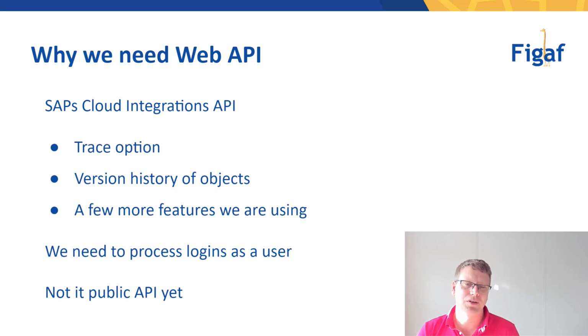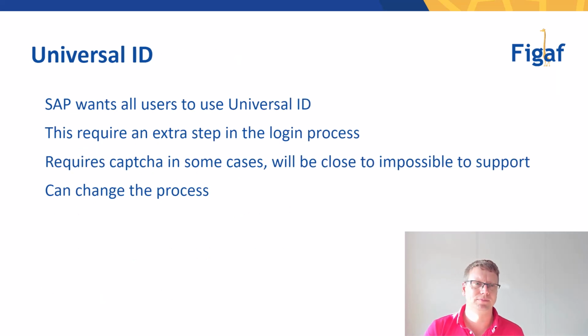So we'll be logging in as the user, and obviously we're working with SAP to simplify this, and hopefully at some point in time we will remove this option. One of the challenges that we have is SAP is pushing all S users to be using Universal ID, and this would require an extra step when we're logging in users.